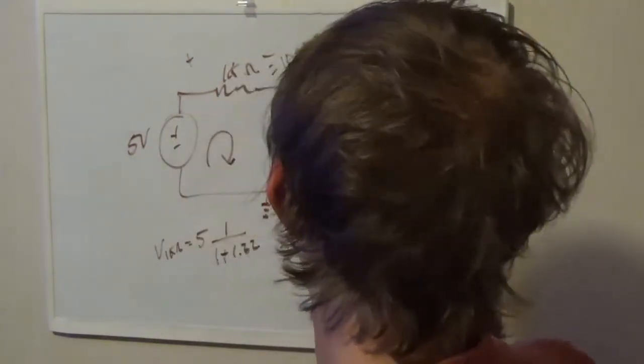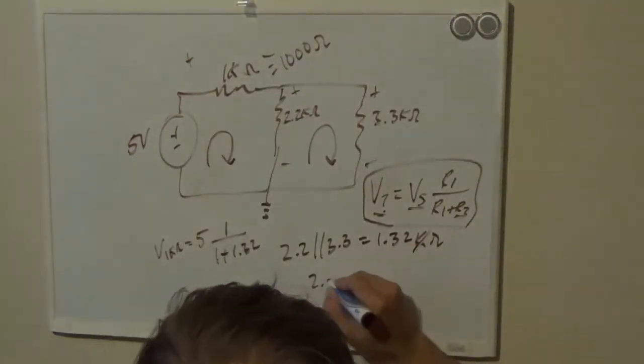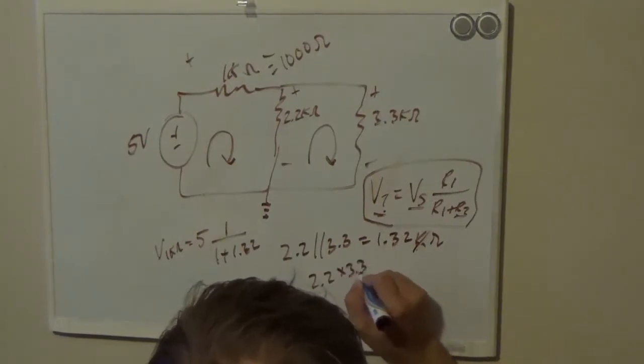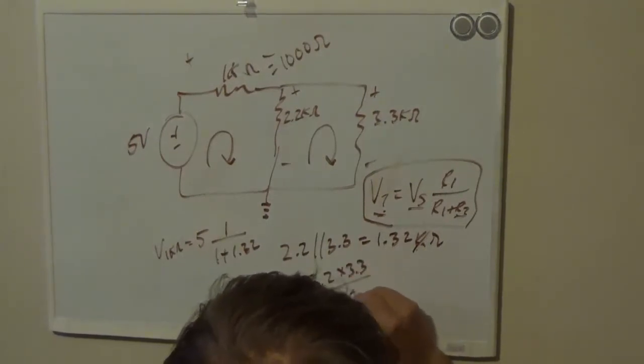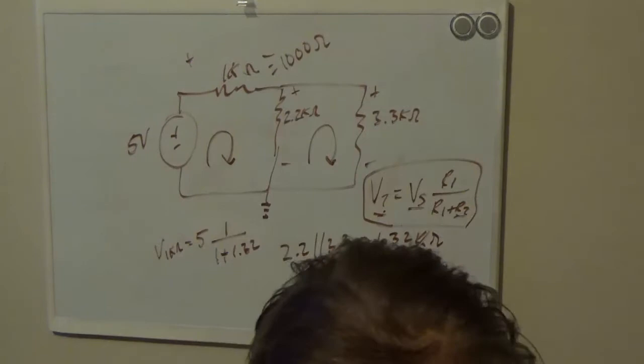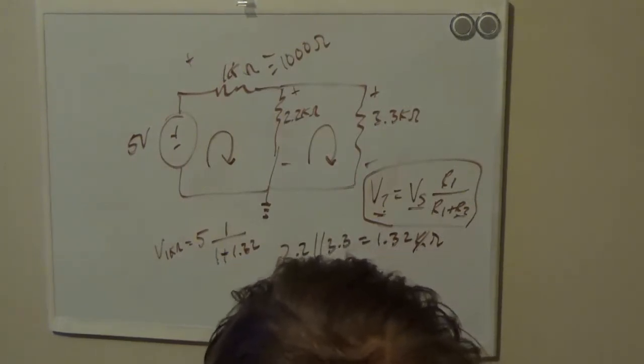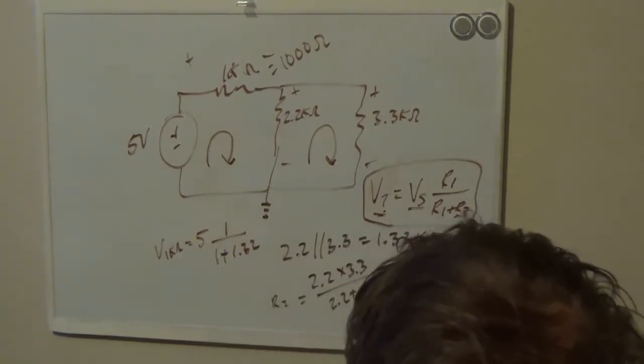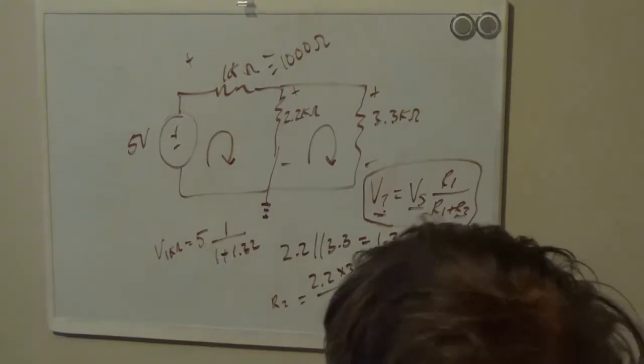Alright, like I said, real quick, 2.2 times 3.3 over 2.2 plus 3.3. Hopefully you remember that to be the equation for that resistance. And like I said, that evaluates to 1.32.